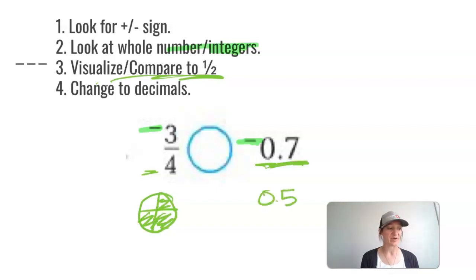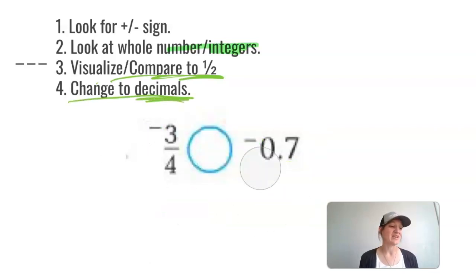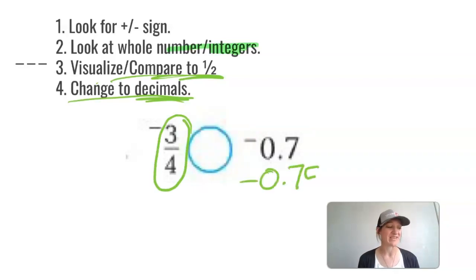Because half is 0.5. So that doesn't help us. So now let's change them to decimals. 0.7 is already a decimal. Good job. And we already know what 3/4 is as a decimal. We know that it is 0.75. So now that they are both decimals, we've got them lined up and we can compare.